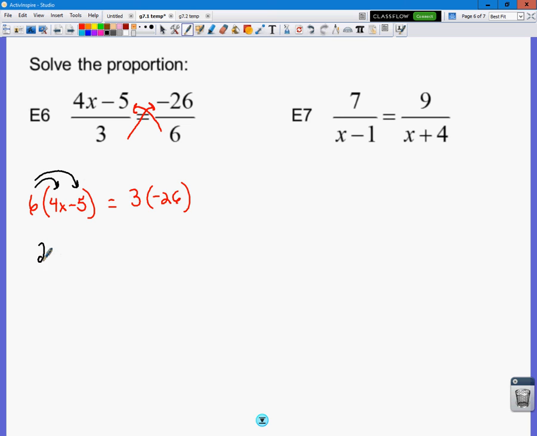6 times 4x is 24x. 6 times the negative 5 is negative 30. 3 times the negative 26 is negative 78.